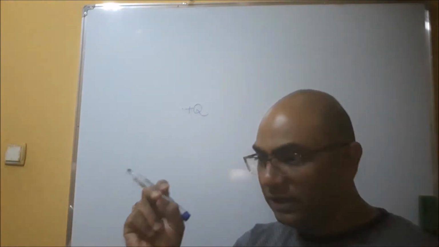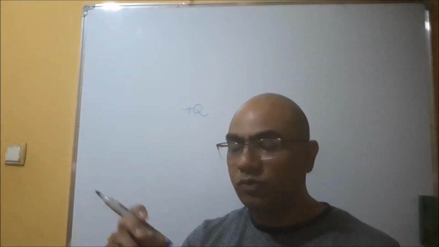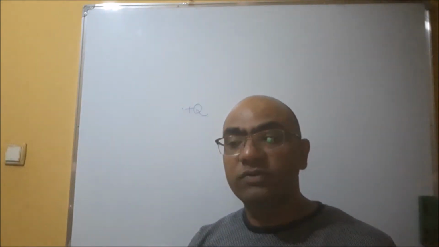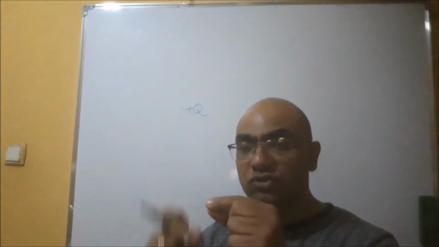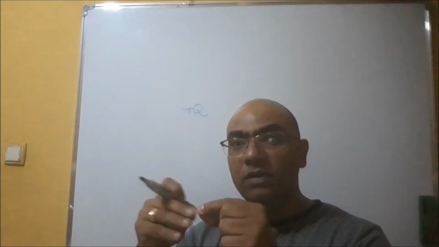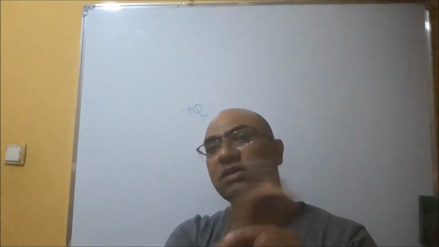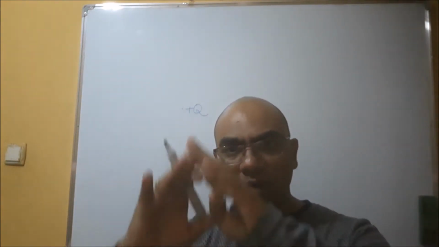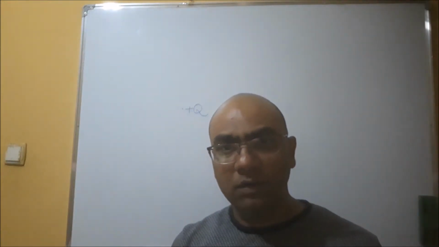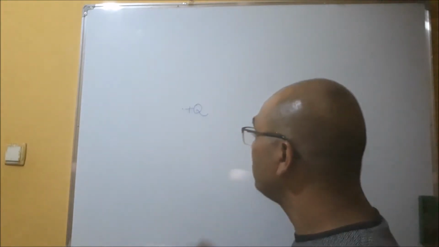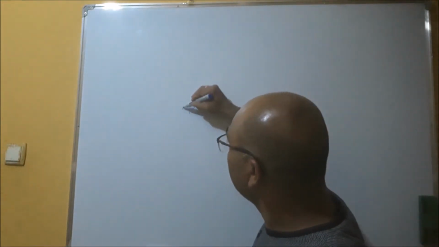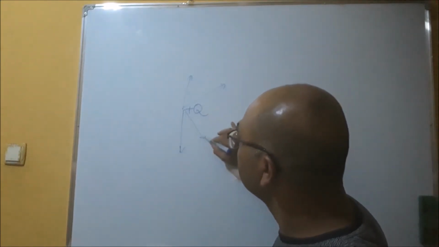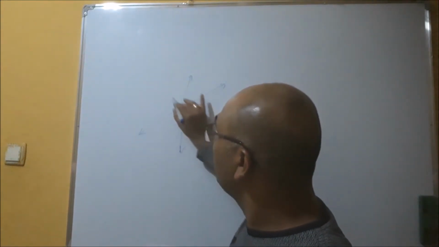So if I am supposing a point charge, imagine a three-dimensional figure. In three dimensions, if I put a point charge over here, it will give the lines in all the directions, right, in 3D.